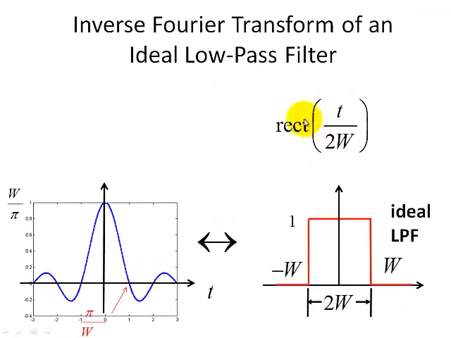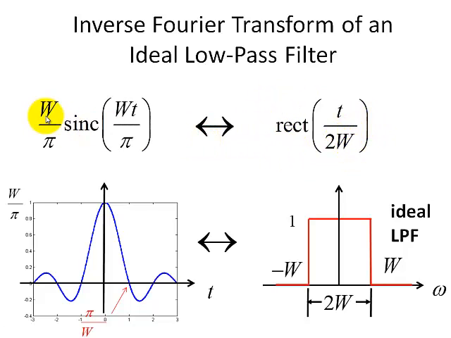So the inverse Fourier transform for our ideal low-pass filter is a sinc function scaled by W over π. Notice that we have this reciprocal spreading again. What's wide in one domain gets thin in the other domain because of the reciprocal relationship between the bandwidth and the pulse width.